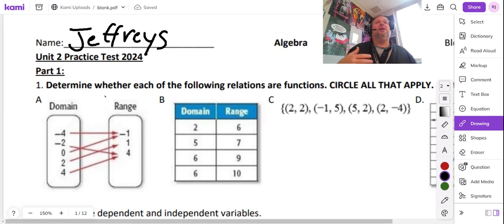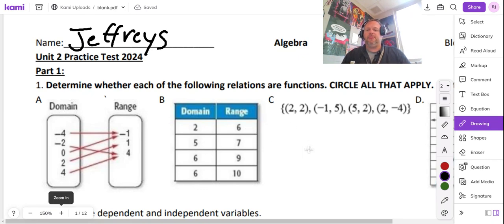So that might be good to have on your orange sheet for your test for tomorrow: X values don't repeat, passes vertical line test, things of that nature. Just so you know what's happening. And remember, this example of the orange sheet will be presented later.